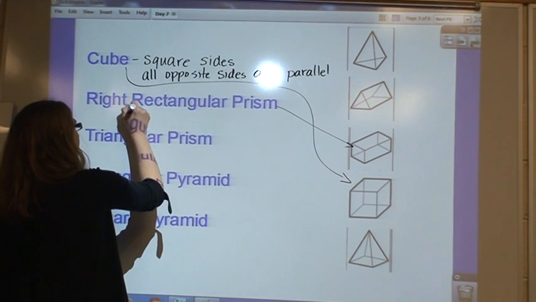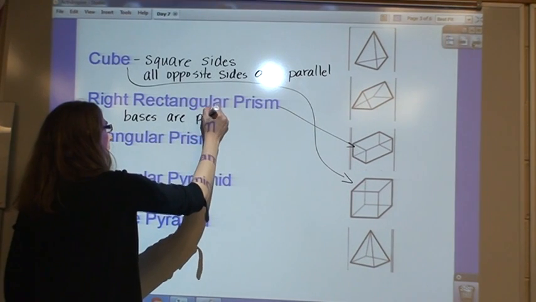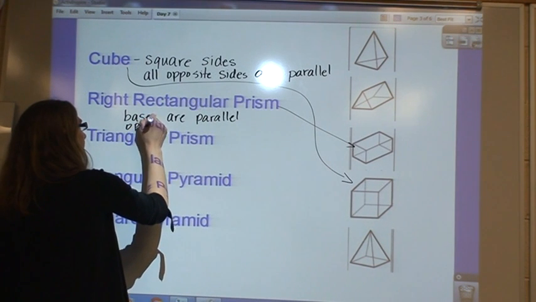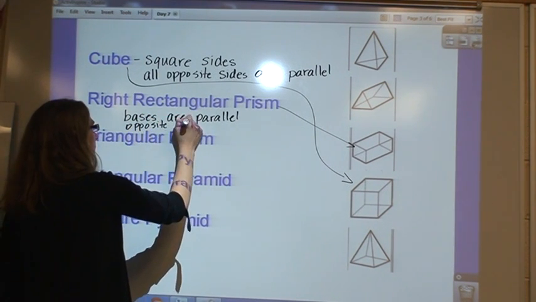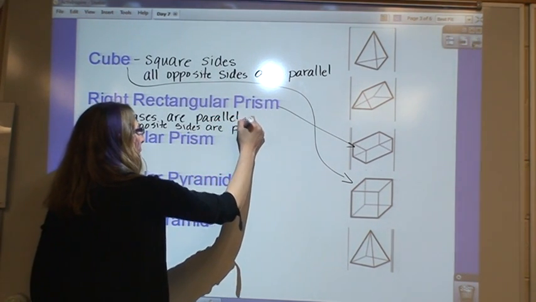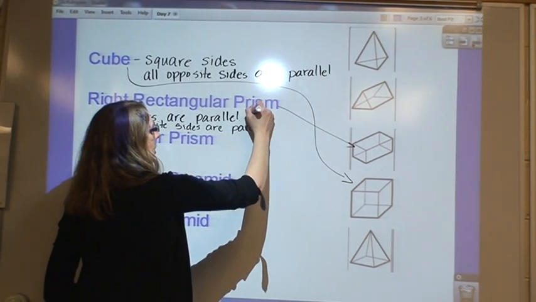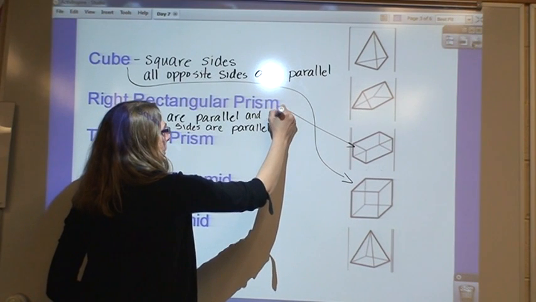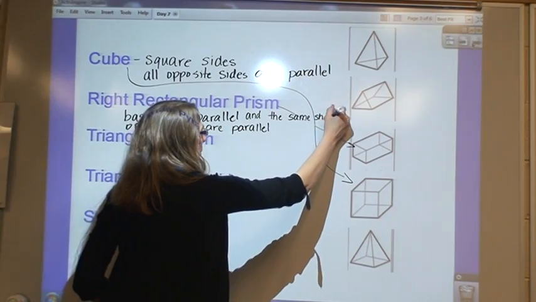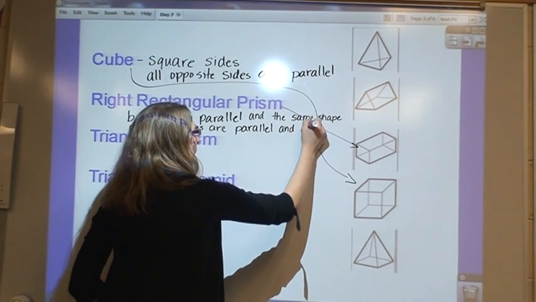And the definition is that the bases are parallel and opposite sides are parallel. And actually, they are also the same size. So the bases are parallel and the same shape. And then the sides are also parallel and the same.